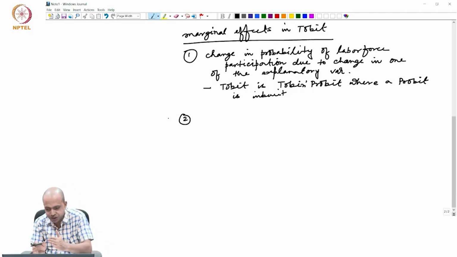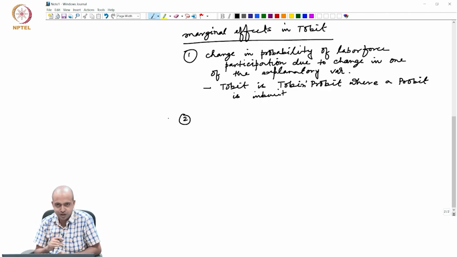So, this is basically for the censored observations, right.